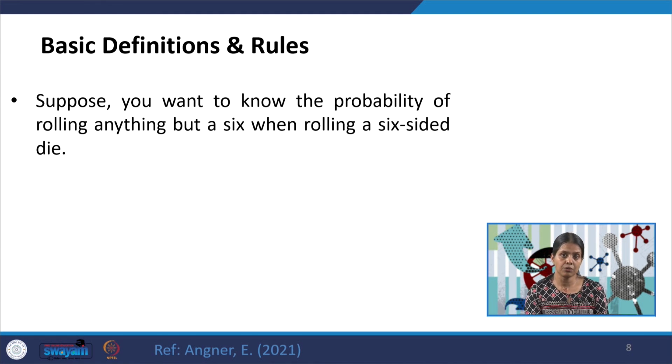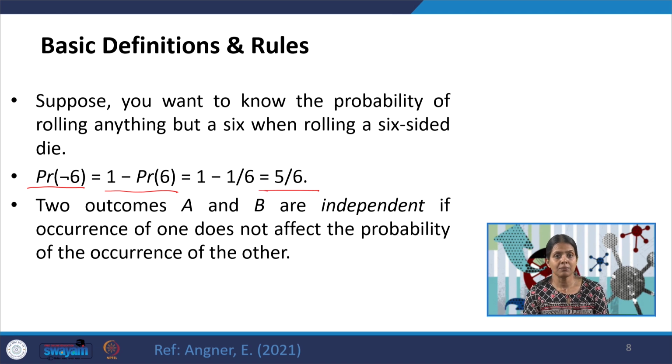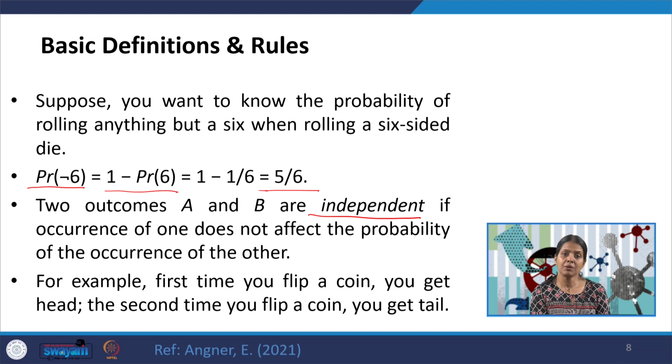Suppose you want to know the probability of rolling anything but a 6 when rolling a 6-sided die. The simple rule is that probability not 6 is 1 minus probability 6, which is 5 upon 6. Two outcomes A and B are independent if the occurrence of one does not affect the probability of the occurrence of the other. For example, first time you flip a coin, you get head. The second time you flip a coin, you get tail.